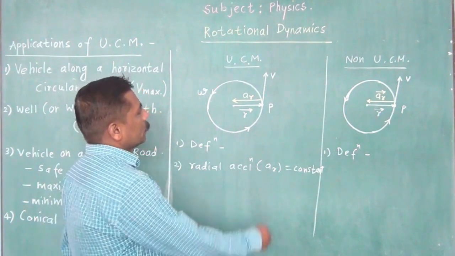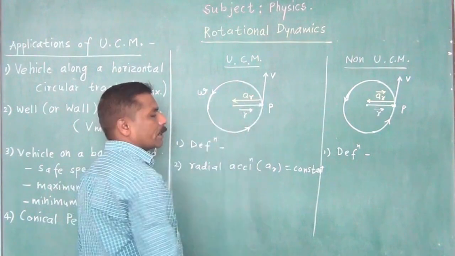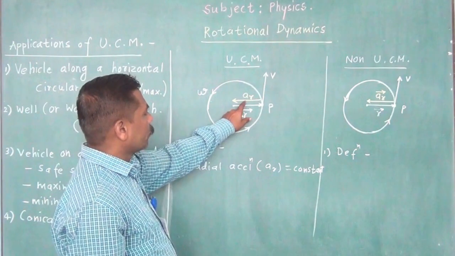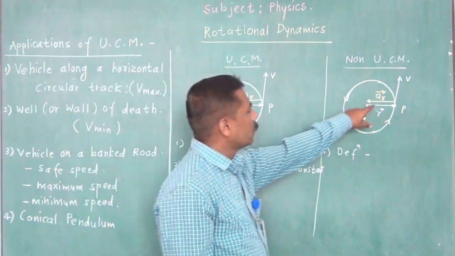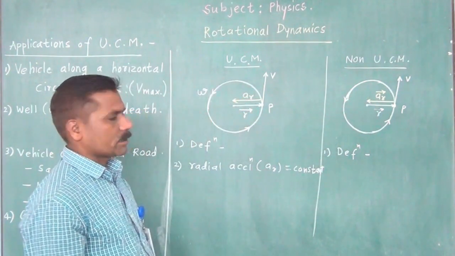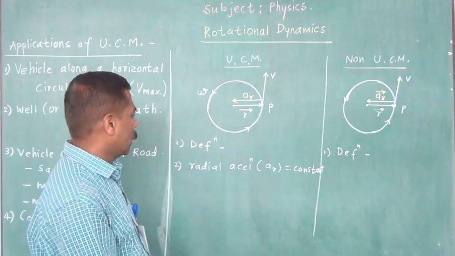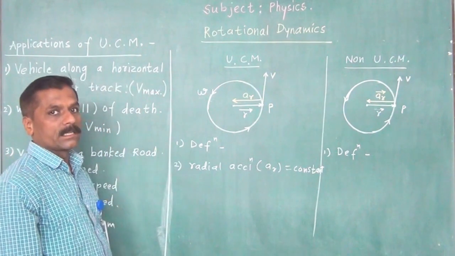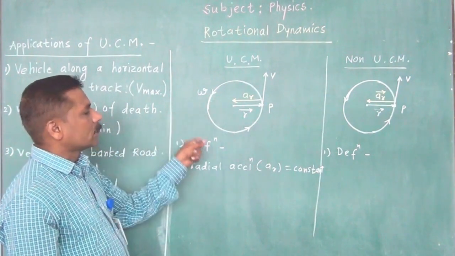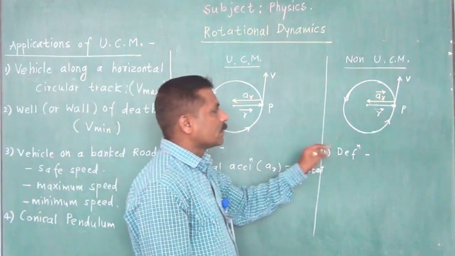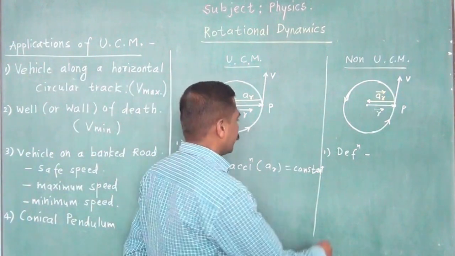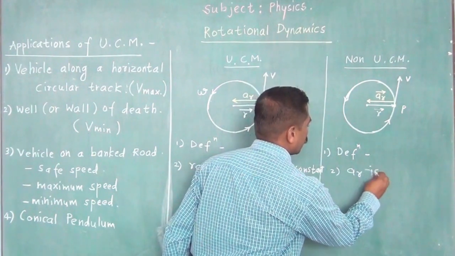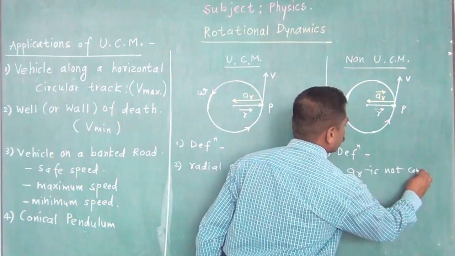We know the radial acceleration is responsible for the circular motion, and it is there in both cases. But here the radial acceleration is constant because the speed is constant. Here the speed is variable, so the value of radial acceleration is not constant.